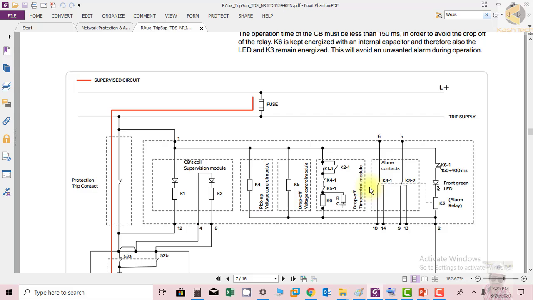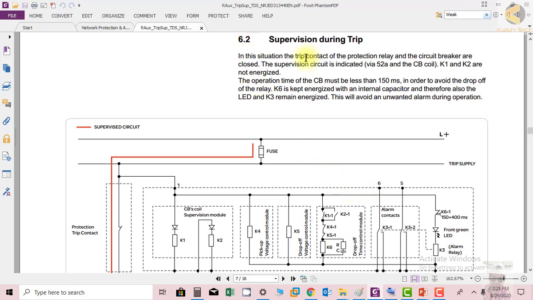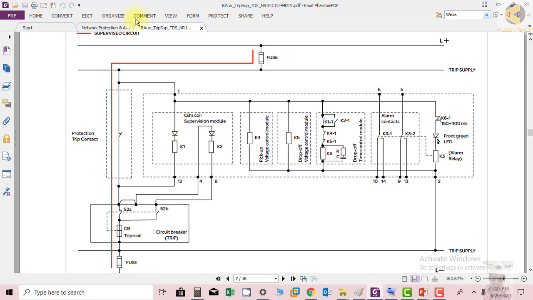Supervision during trip. So what he is saying is, in this situation, the trip contact of the protection relay and the circuit breaker are closed. You can see this is the protection trip contact of the relay. When this contact is closed, you can see this relay is bypassed during this time.